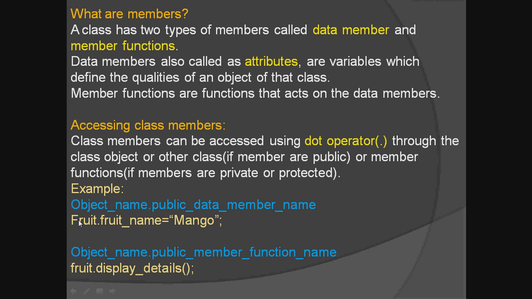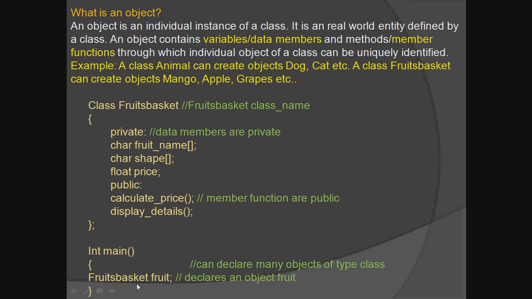Now keep in mind that the object is also actually a variable. The way you declare a variable, you are declaring a variable, or an object, using a user defined data type. Only when you declare a variable does the compiler allocate memory space for this object and the members. Then only can you store data in these members.